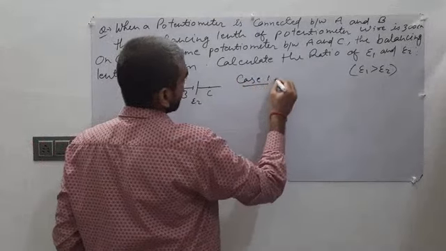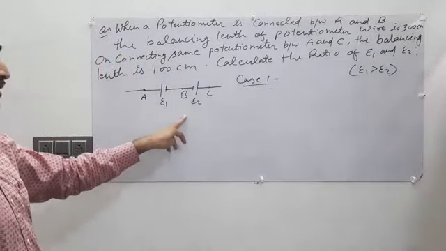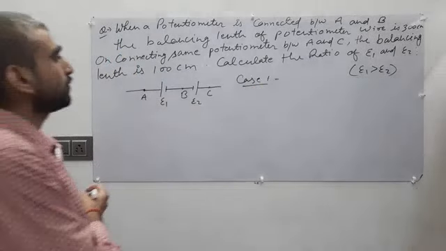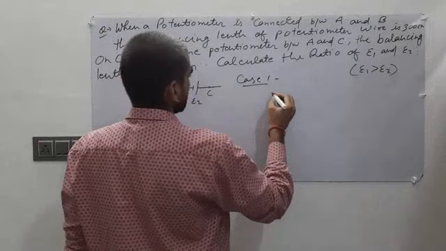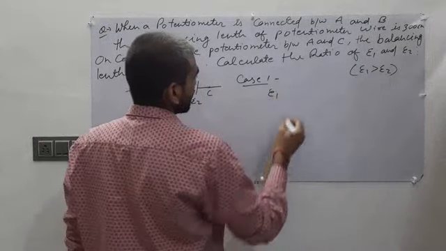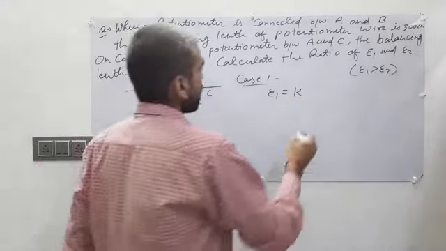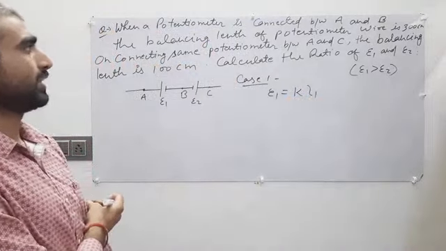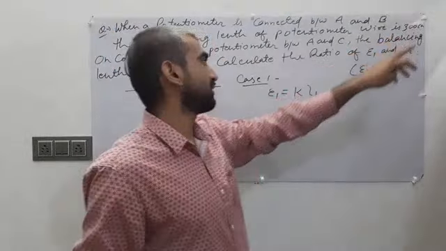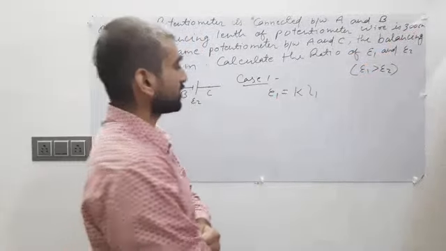Now what is case 1? Case 1 is when we connect our potentiometer between A and B. Then the voltage difference E1 equals K L1, because here the balancing length of potentiometer wire is 300 centimeter. That means the value of L1 is 300 centimeter. And what is K?